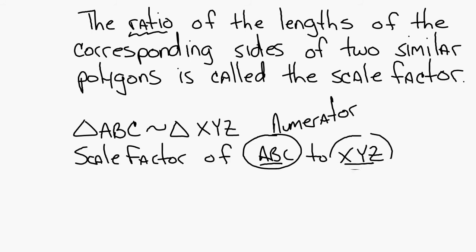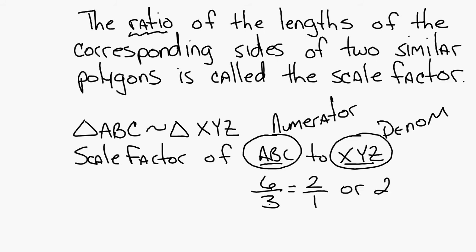In this case, side AB is 6, and side XY is equal to 3. So the scale factor of ABC to XYZ is 6 to 3, or 2 to 1.